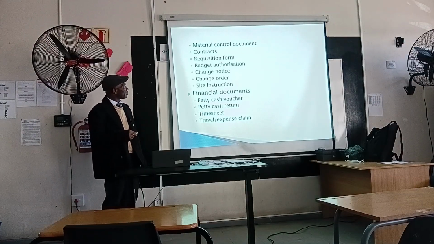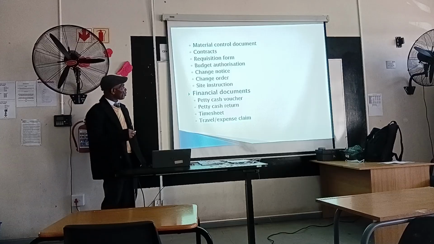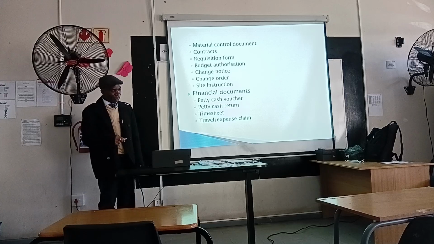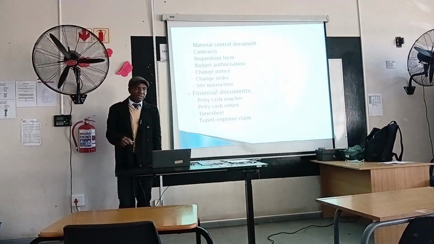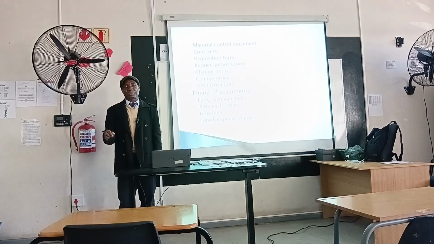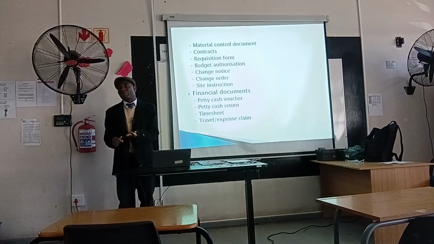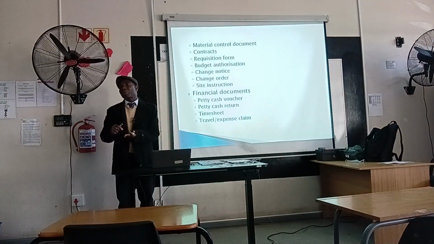Then the contract document, requisition form. This one is used to request for something that needs to be bought. For example, in a project environment, if there are certain things that you need that are not available, then you complete a requisition form. That requisition form needs to be signed by the project manager.